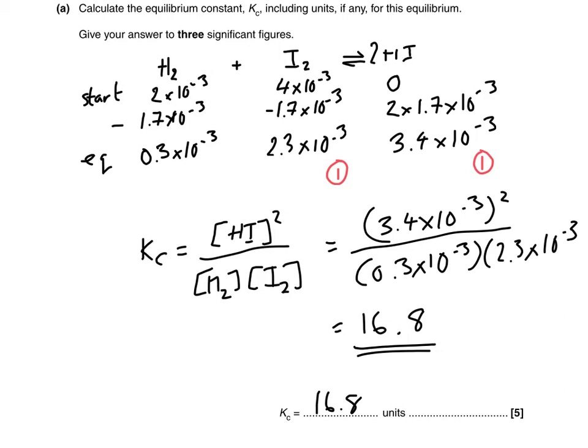What you should see is that we have moles per decimeter cubed squared on the top, and then moles per decimeter cubed squared on the bottom. So no units overall. If there are no units, make sure you write it or you don't get a mark for it. So 4 marks for this correct 3 significant figures, and 1 mark for no units.